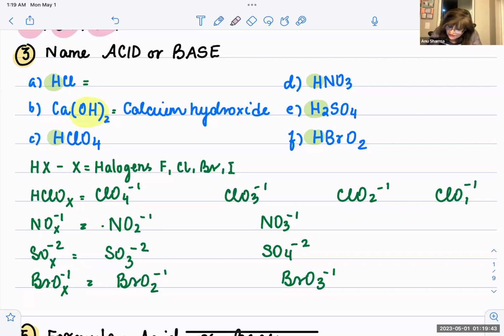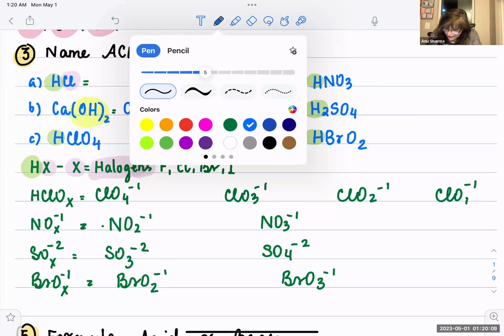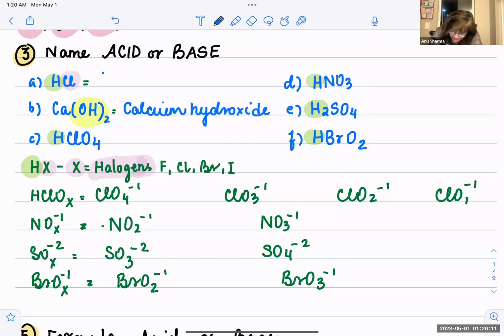So here we see the nonmetal is chlorine. Besides that, chlorine belongs to the category of halogens. Just expanding this a little bit further: anytime a nonmetal, especially a halogen X, is attached to hydrogen, the hydrogen will be named as hydro.